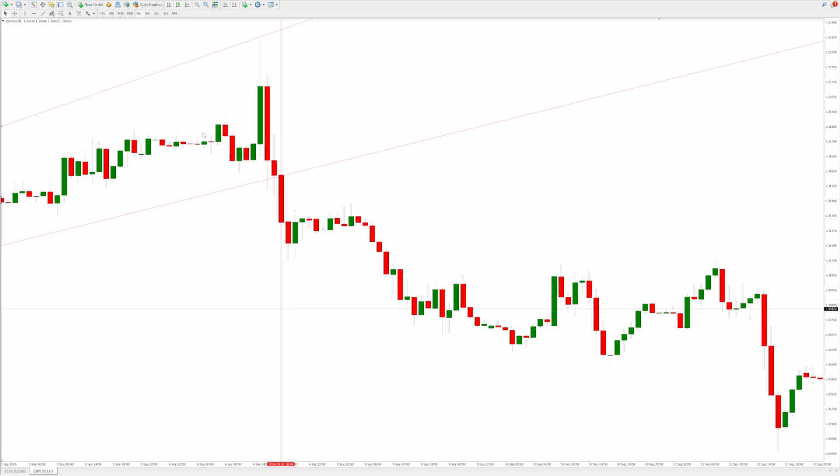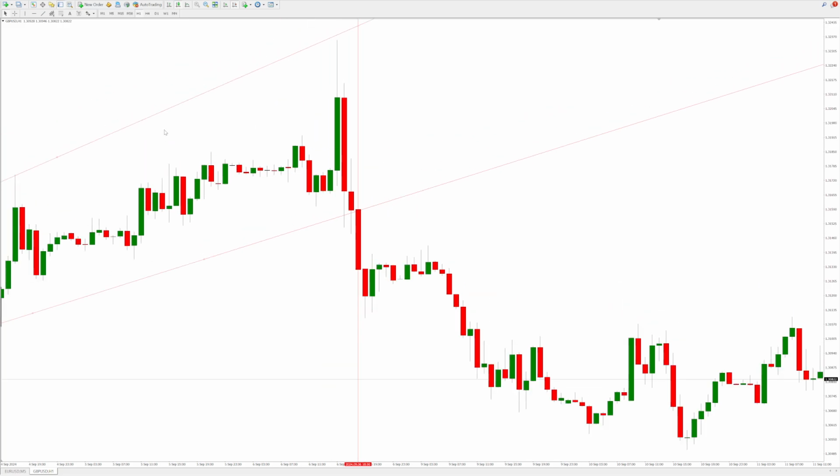You can also use additional confirmation for these trades. For example, let's just mark off that support level, resistance becomes support level there, coincided nicely with the breakout of the wedge pattern. See, support here, resistance here, held up nicely. The resistance becomes support.